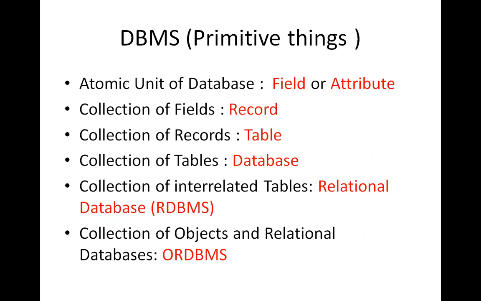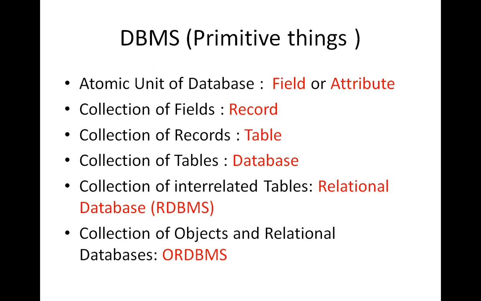In a similar way, a collection of tables can be a database, where all the tables are interrelated, and that can be called a relational database system, right? Generally, at that level only tables are interrelated, and they share the data. It's like only numerical data, non-numerical data.